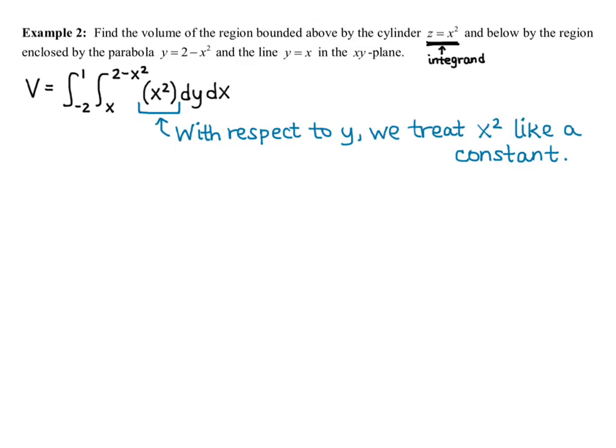The integral with respect to y of x squared is x squared times y, evaluated from y equals x to y equals 2 minus x squared. Then we will still have the dx on the end, since we have not done anything with it yet either.